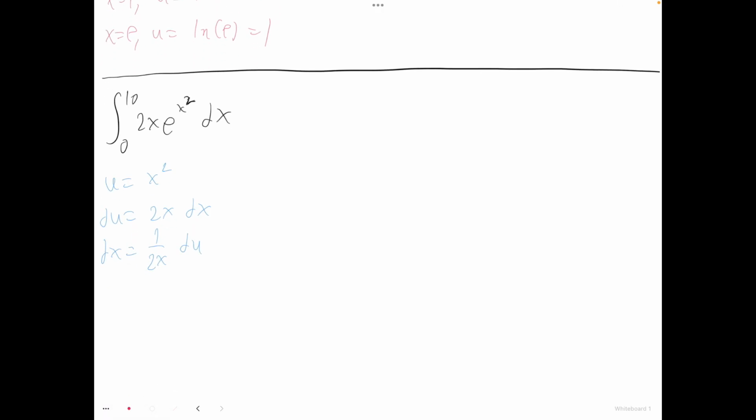And now changing the bounds, with x equals 0, u is going to be equal to 0 squared, which is 0. And if x equals 10, u is going to be equal to 10 squared, which is 100. So our bounds will get changed to be 0 to 100. Now plugging everything in, we have 2x e to the u, because x squared is u, times dx, which is 1 over 2x du.